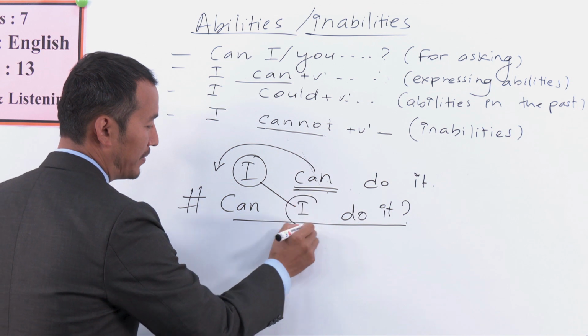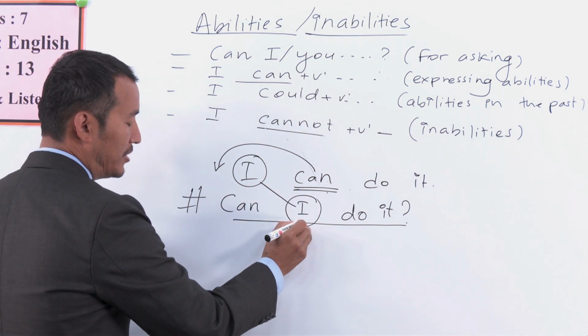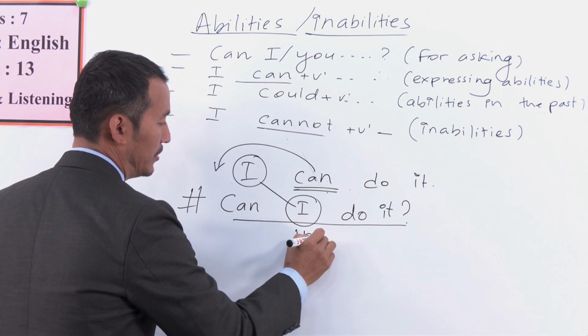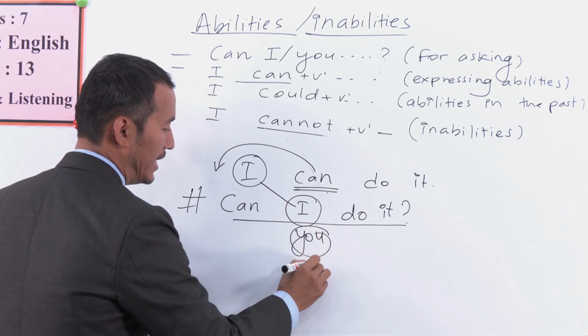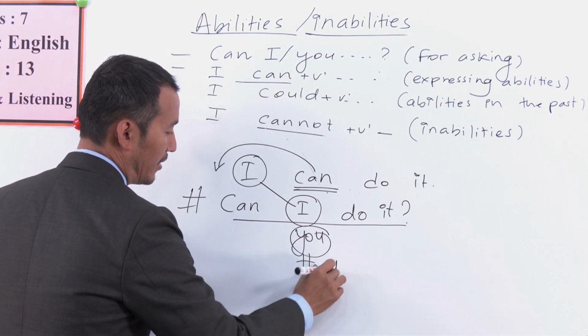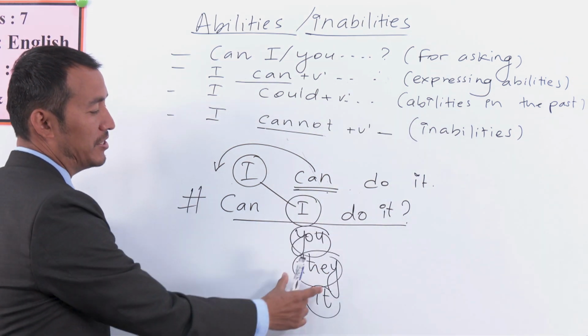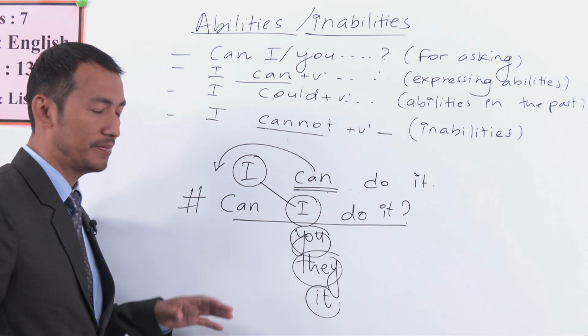So you have different subjects here. You can say can you do it, can they do it, or can it do it, and so on. You may have different subjects for asking about abilities.